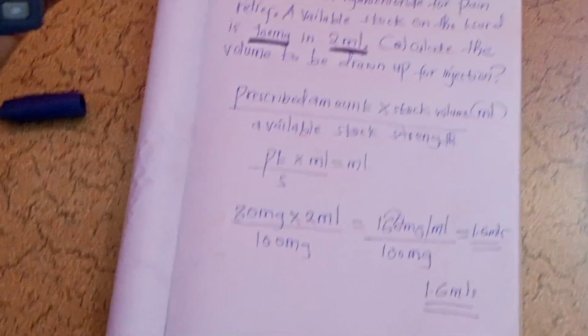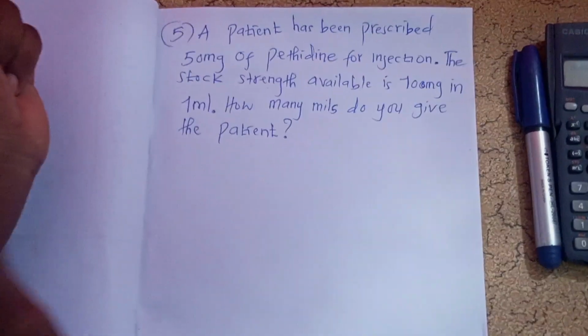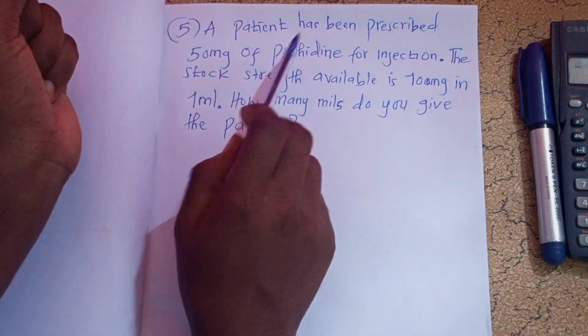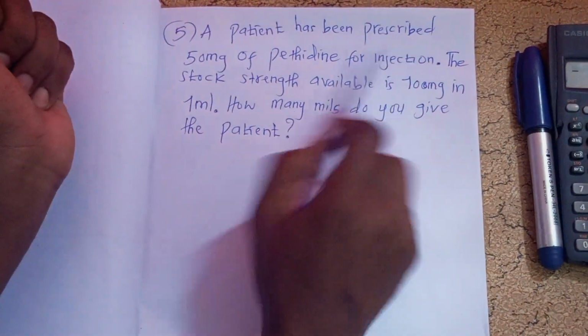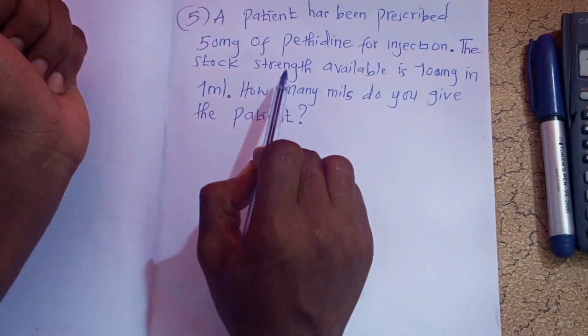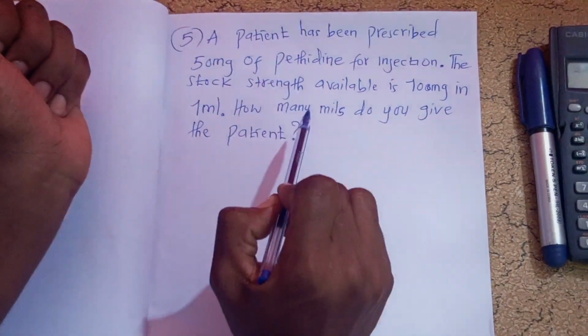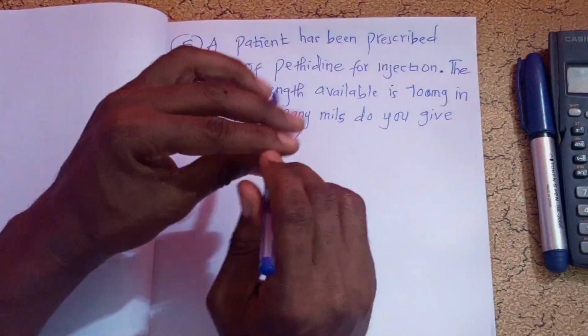Okay, let us move to the next question. We have another question which says a patient has been prescribed 50 mg of pethidine for injection. The stock strength available is 100 mg in 1 ml. How many ml do you give the patient?